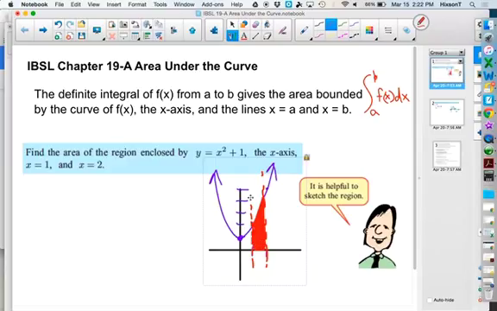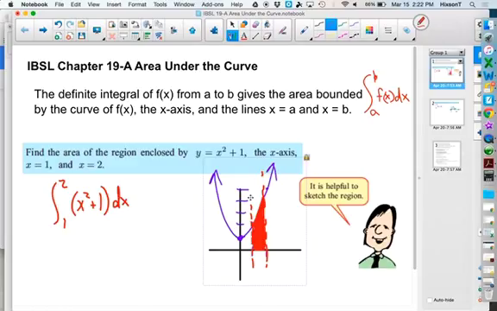In order to do that, we have to take the integral from 1 to 2 of x squared plus 1 dx. So again, we related it kind of visually and theoretically to area yesterday.